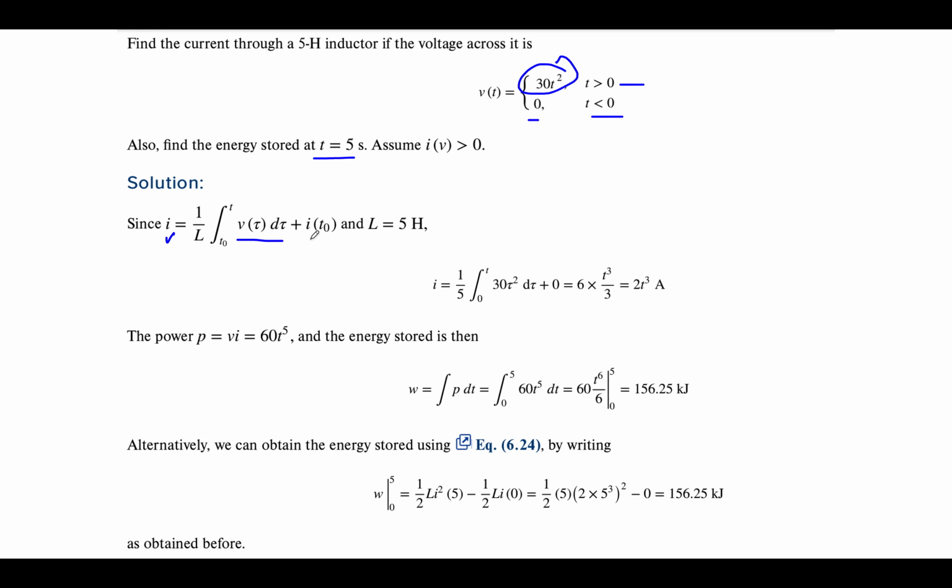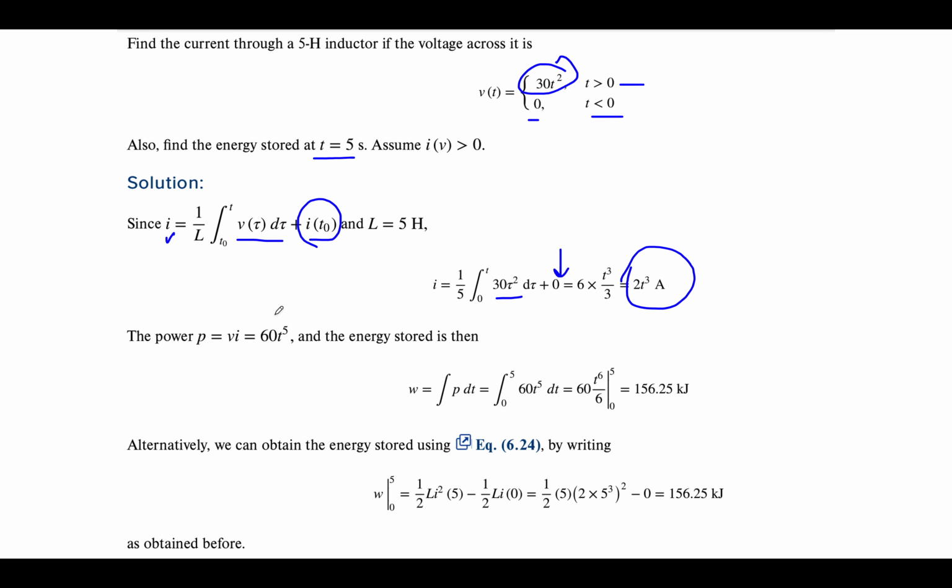Now our initial condition, as we said, we were not given an initial condition, and we can't calculate one, so we have no choice but to assume that that's 0. And then our L is 5. We plug in our equation for V, integrate that, and we end up with 2t cubed amps.